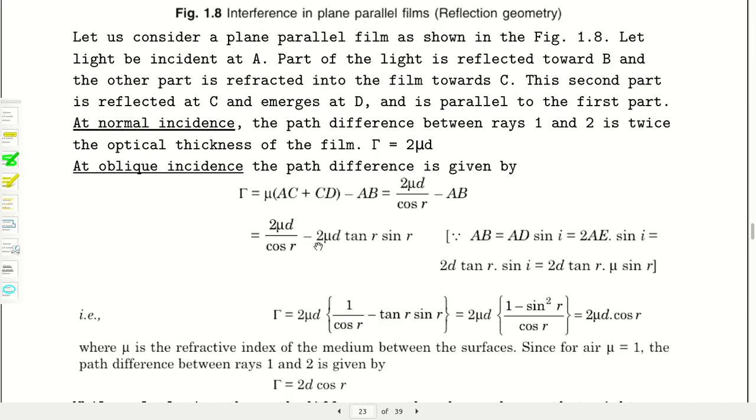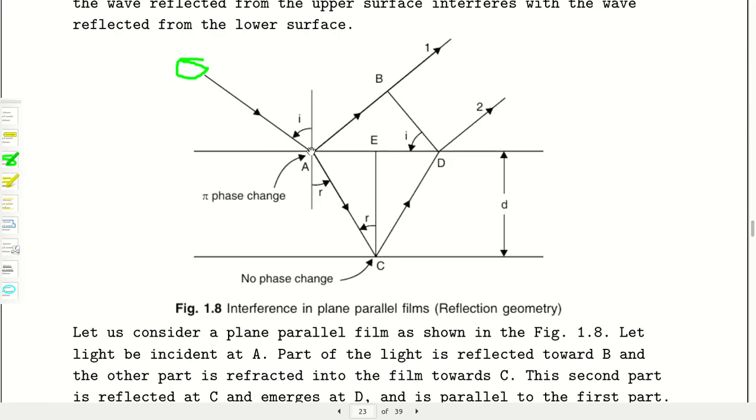Now the interesting thing is what I have told earlier, that there is an extra phase difference of pi for the light AB at the point A due to the Stokes law. So a phase difference of pi will generate a path difference of lambda by 2, because 2 pi by lambda into pi is equal to lambda by 2.